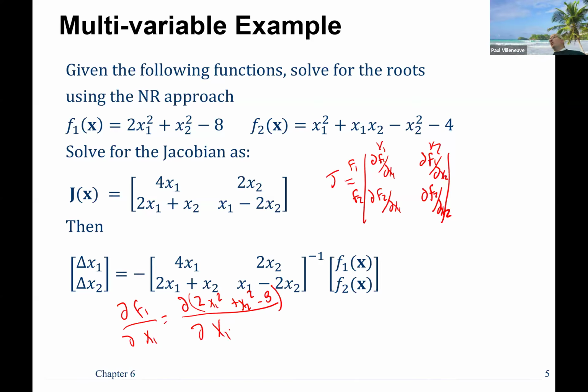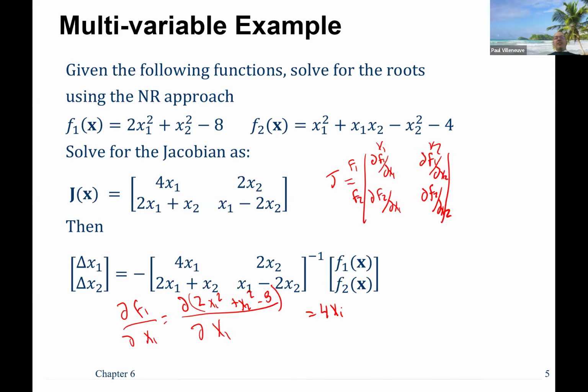So x1 is the only variable that is allowed to change. All the other ones are constant. You can substitute in and change these variable names as much as you want. I'm pretty comfortable doing this, so I just leave it as is. But I see the partial of 2x1 squared is 4x1.